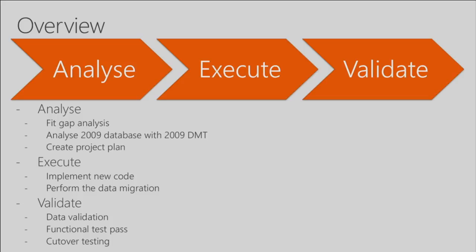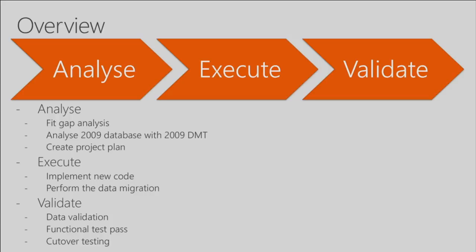If you just name a few, what's the top difference between 2009 and D365? Like chart of accounts, maybe it's different, right? Dimension. Functionally, obviously it's chart of accounts. But underneath, because we're talking about data migration here, right?